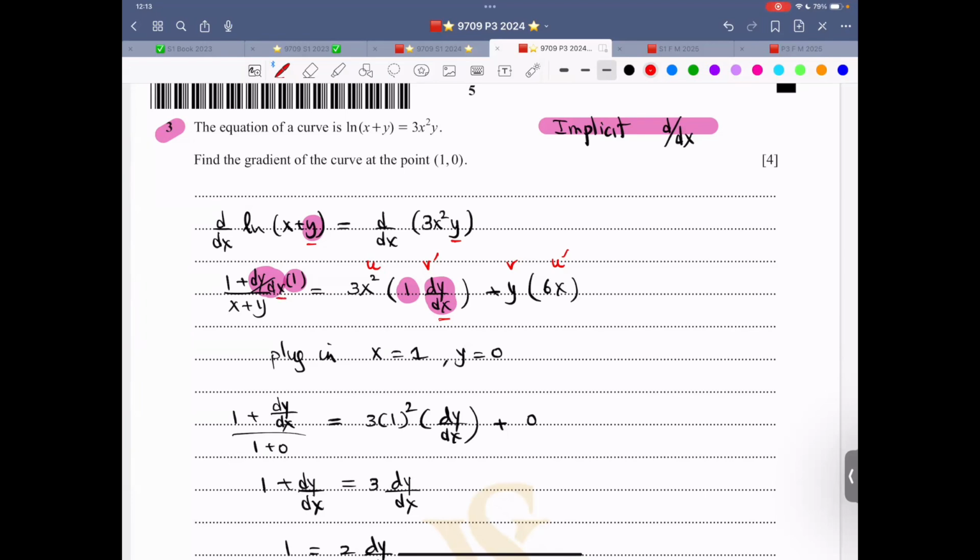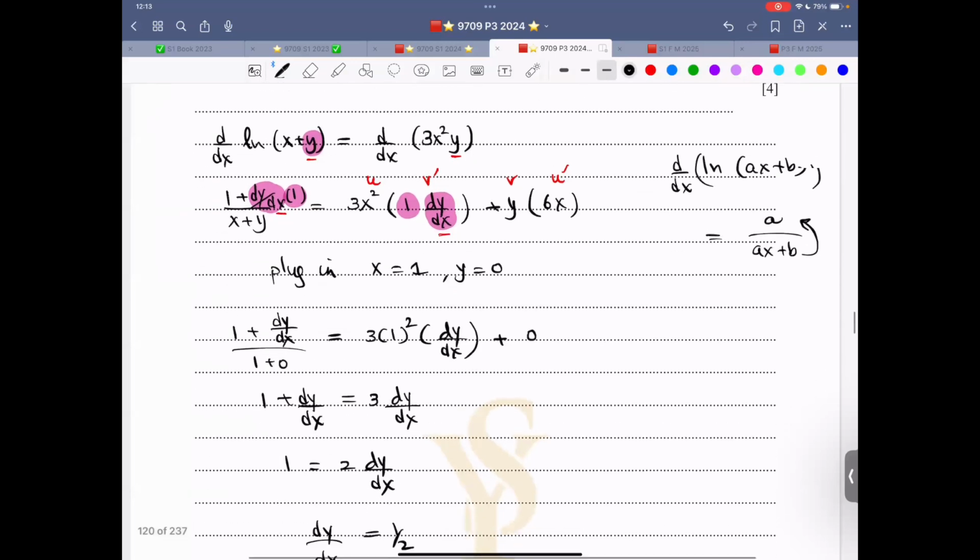And the rule for differentiation of log: we know that log ax plus b, actually ln, log to the base e, that's the only thing that we focus on. So ln ax plus b, if I differentiate it, what happens? The thing inside the bracket goes down and the derivative of the bracket goes up.